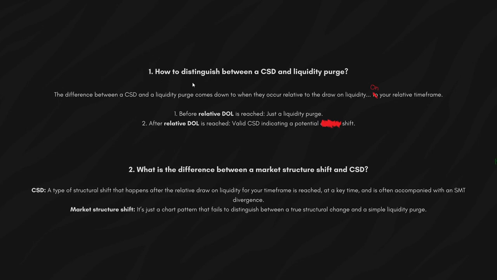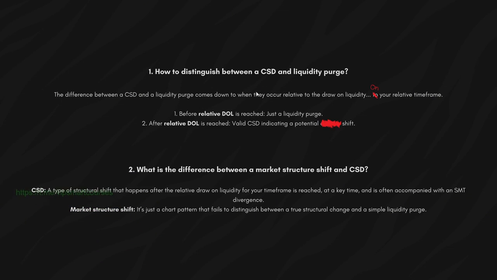So first of all, let's discuss how to distinguish between a valid change in the state of delivery and a liquidity purge. The difference between a CSD and a liquidity purge comes down to when they occur and where they occur relative to the drawn liquidity on your relative time frame.